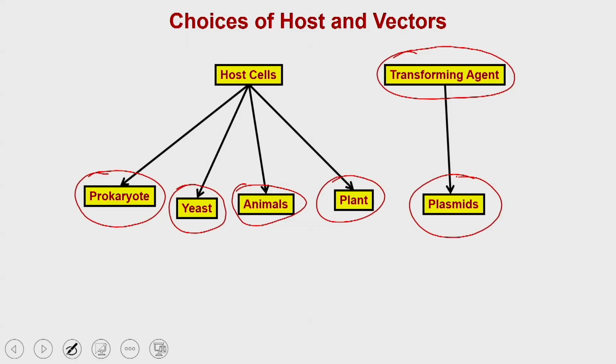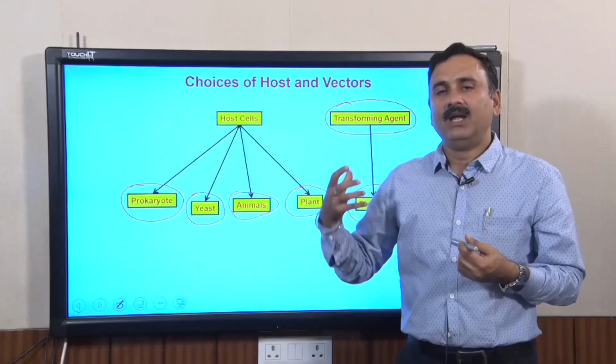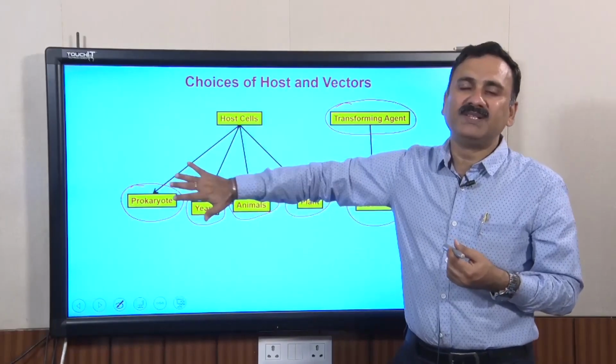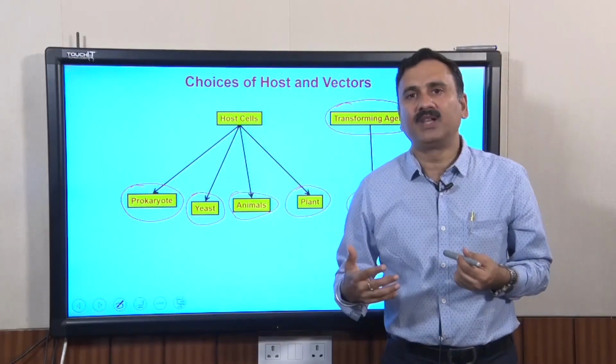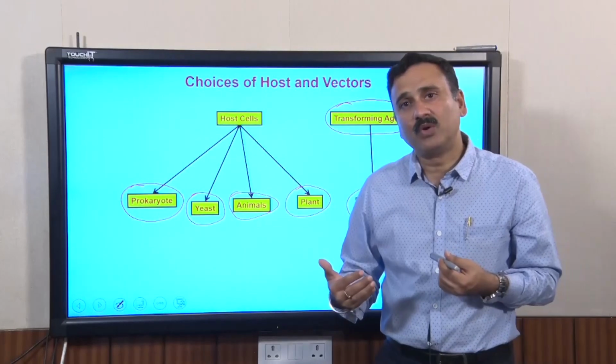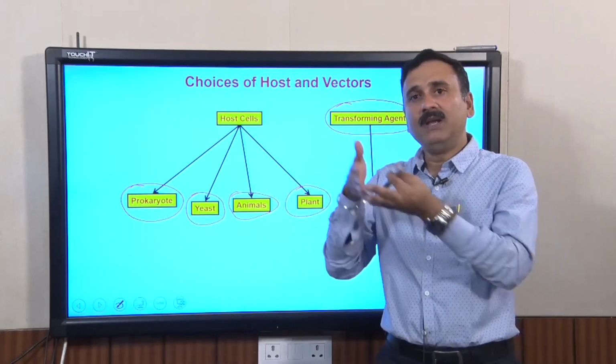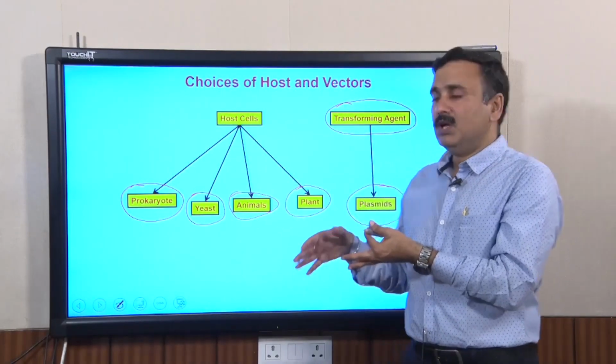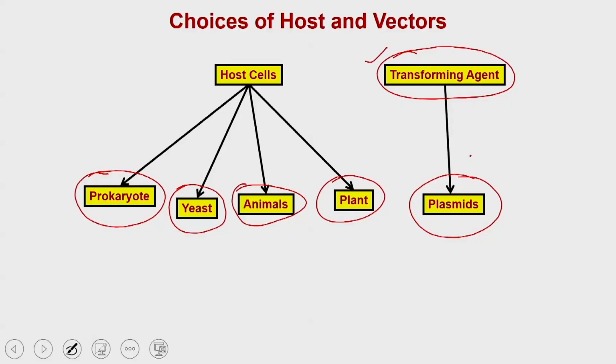So, once you generate a recombinant clone, you have to decide in which particular type of host system you would like to express your protein, because accordingly you have to select the transforming agents as well as the host cells which are going to be complementary to each other.